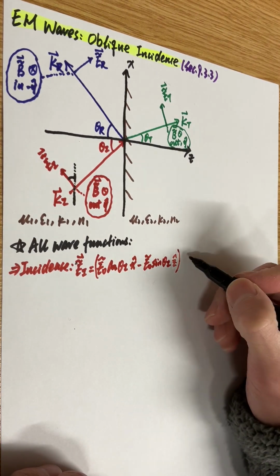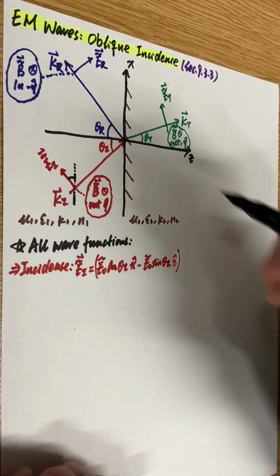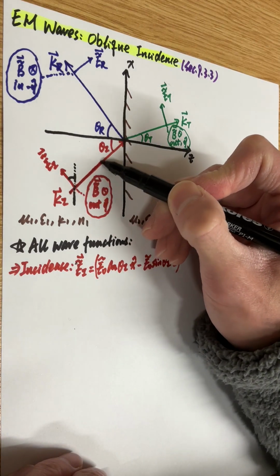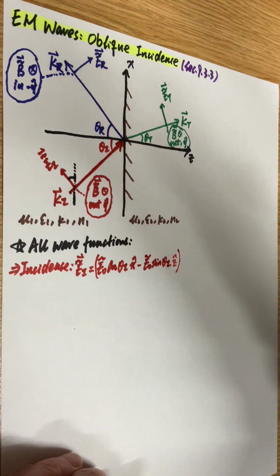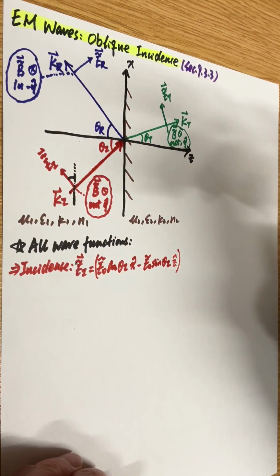And then we have the propagation function. For the propagation function, we are looking at this wave vector, which has a vertical component and a horizontal component.